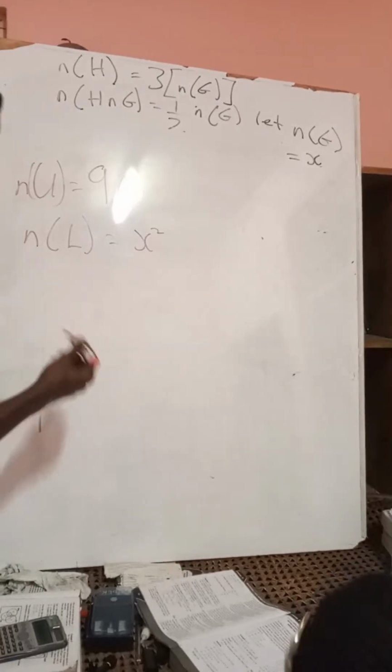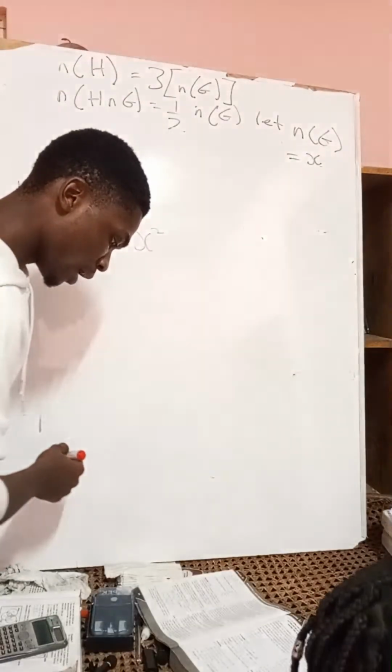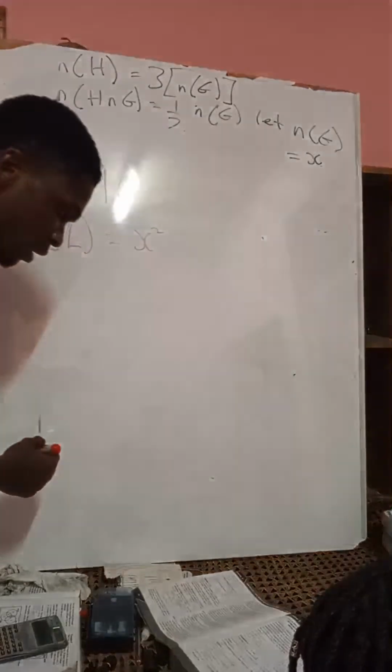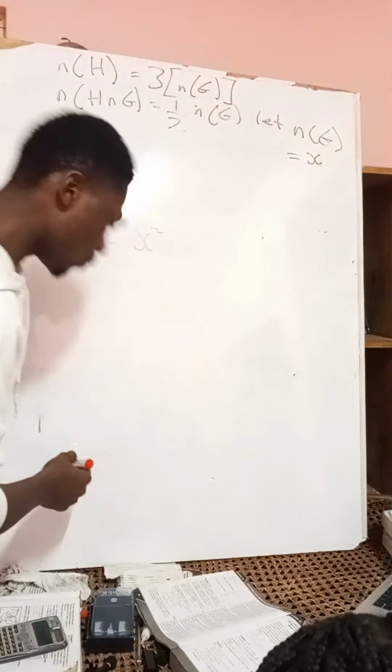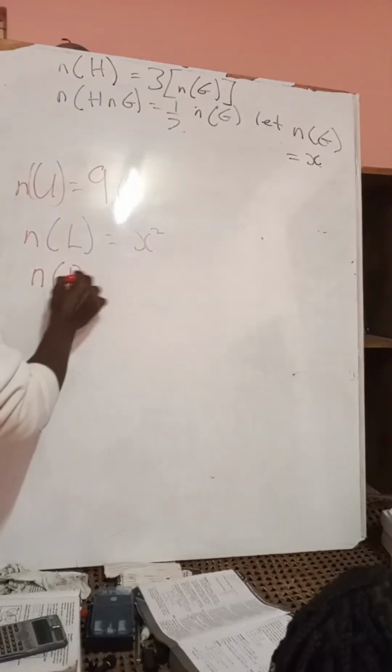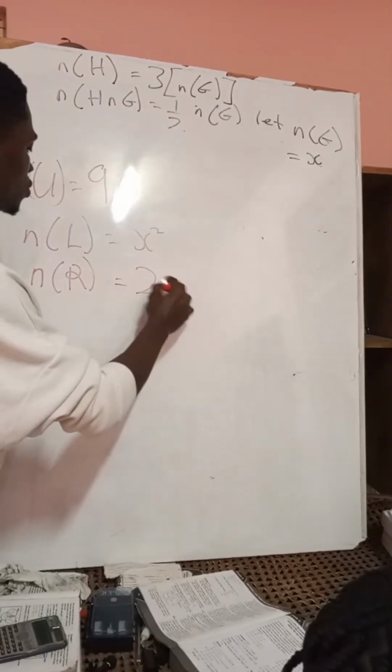While 2S squared of them said they can play with their right leg, so the number of R is 2S squared.